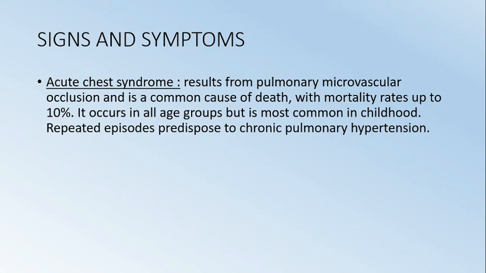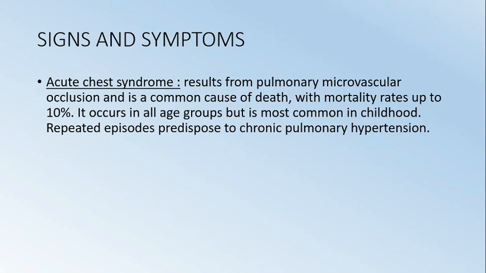As said, it's the most common cause of death, with mortality rate up to 10%. Repeated episodes of acute chest syndrome correlate with reduced survival. So it's very, very serious. A reduction in arterial oxygen saturation is especially ominous, because it promotes sickling on a massive scale. So acute chest syndrome is very important.